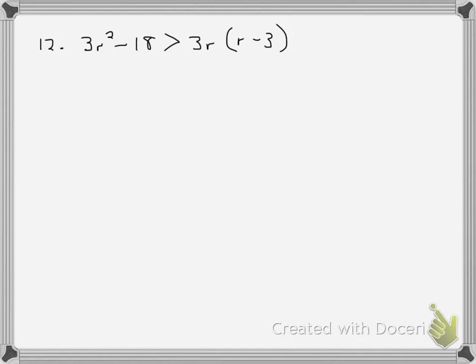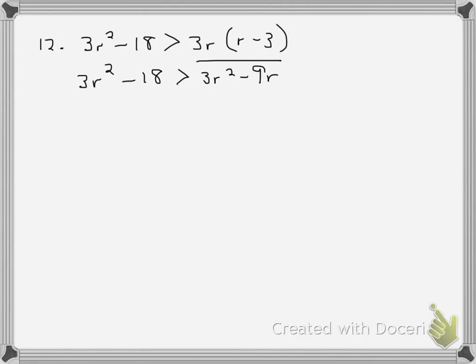I would distribute on the right side, and I'm going to get 3r squared minus 18 is greater than, again, you're writing all this down, 3r squared minus 3 times 3 is 9r.